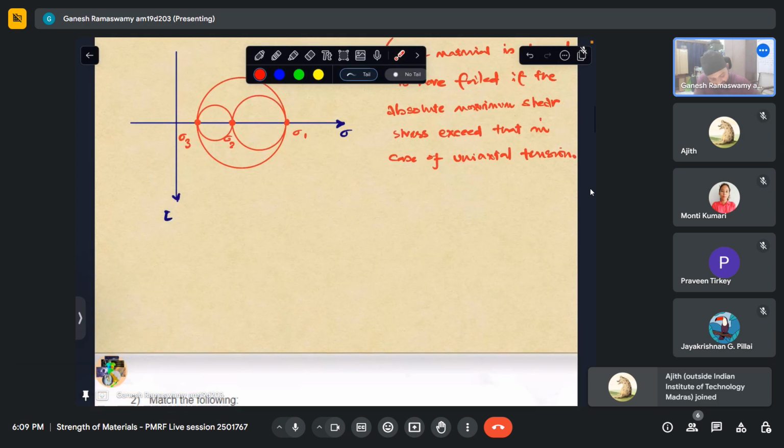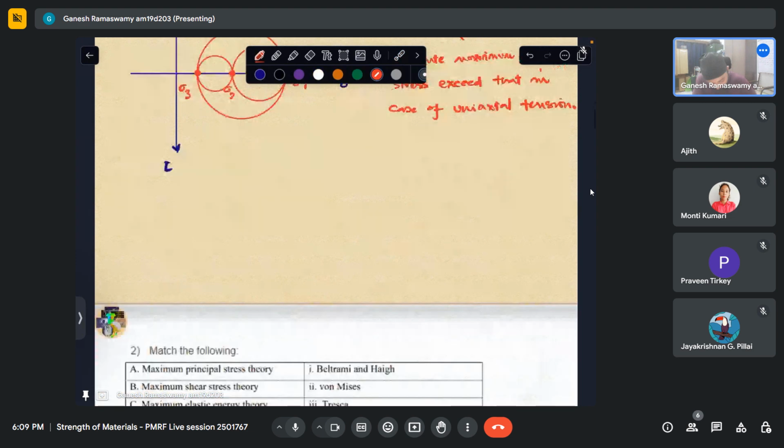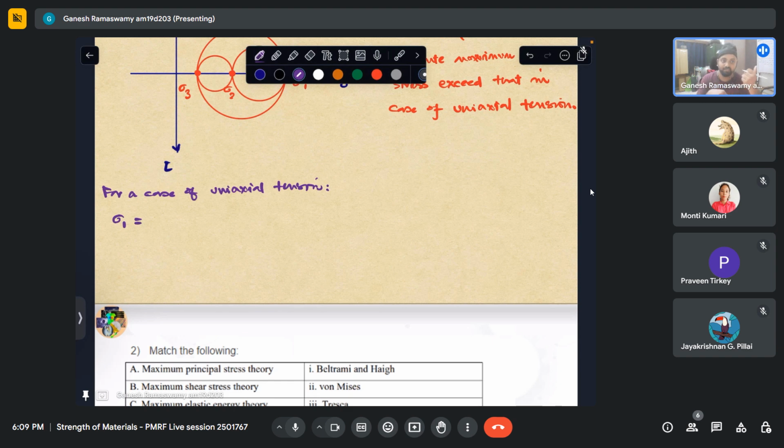So if this is what is taking place in the actual structure that is being considered, in the case of a normal uniaxial tension, we know that sigma 1 is just the axial tension that is taking place.